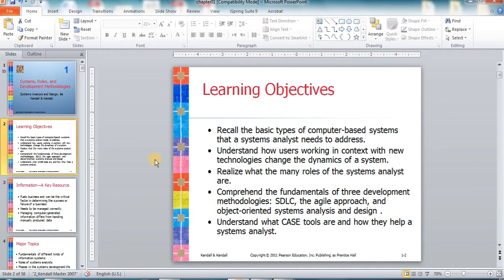We will talk in this chapter about the role of a system analyst, the things that the system analyst or software engineer is responsible to know and perform in the company. We will talk about the different types of software design models. We will discuss throughout the course three main types.